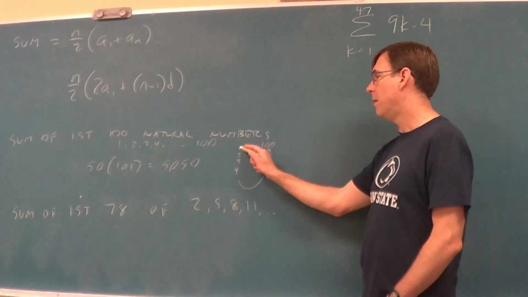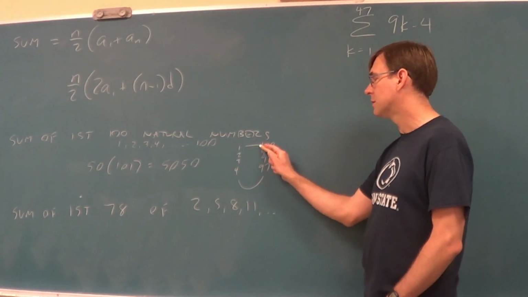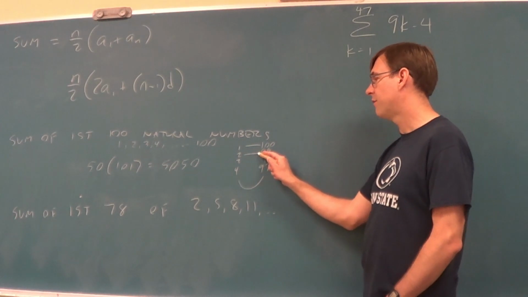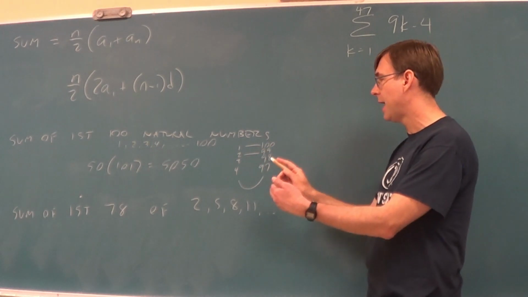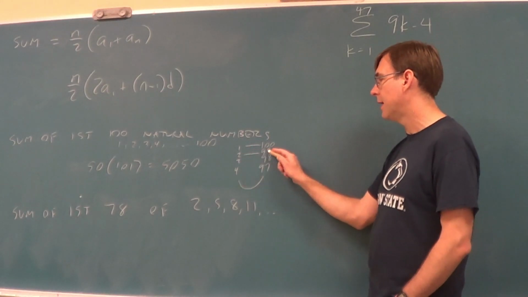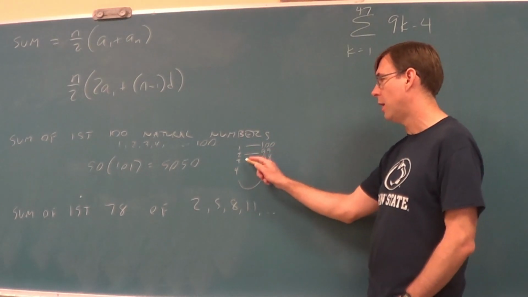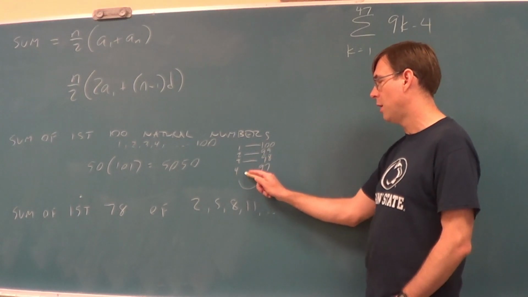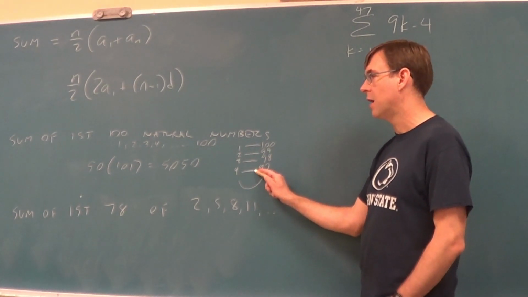But the littlest number partnered with the biggest number adds to 101. Second from the beginning and second from the end add to 101. The third from each end adds to 101. The fourth from each end adds to 101.